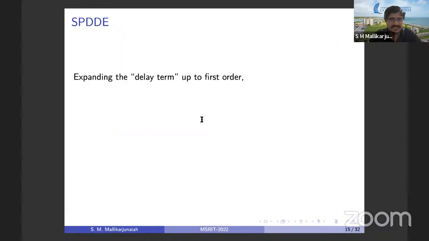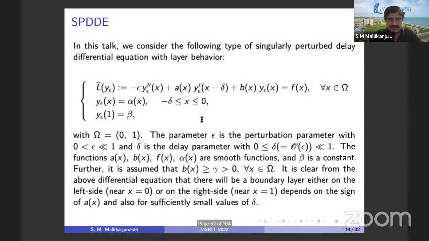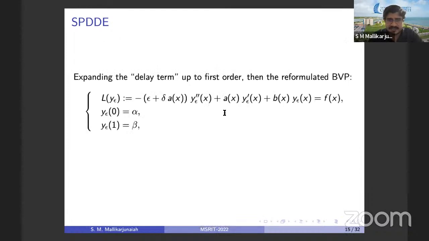As I was saying, the delay term can be expanded up to some order. So instead of directly solving this ODE, I'm going to expand y prime of x minus delta up to an order of delta. We can keep expanding up to delta square, but when delta is really small, delta square is negligible. Using that fact, we can reformulate the previous boundary value problem by adding delta A times y double prime.